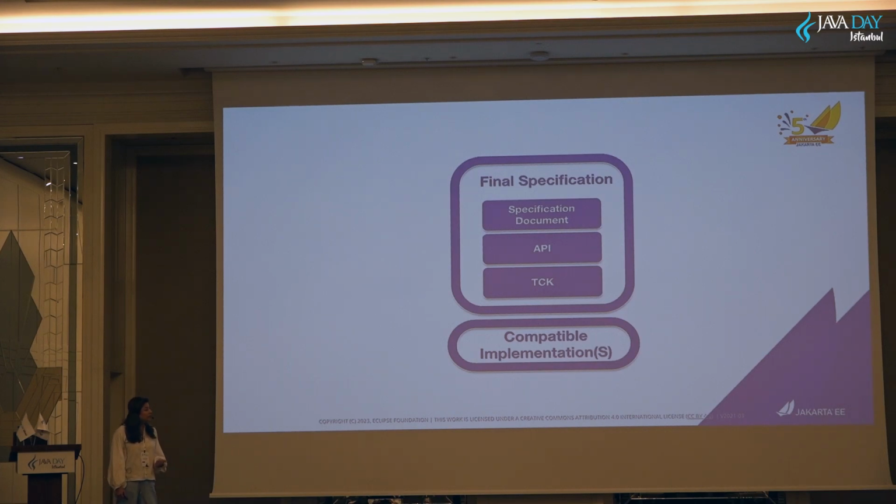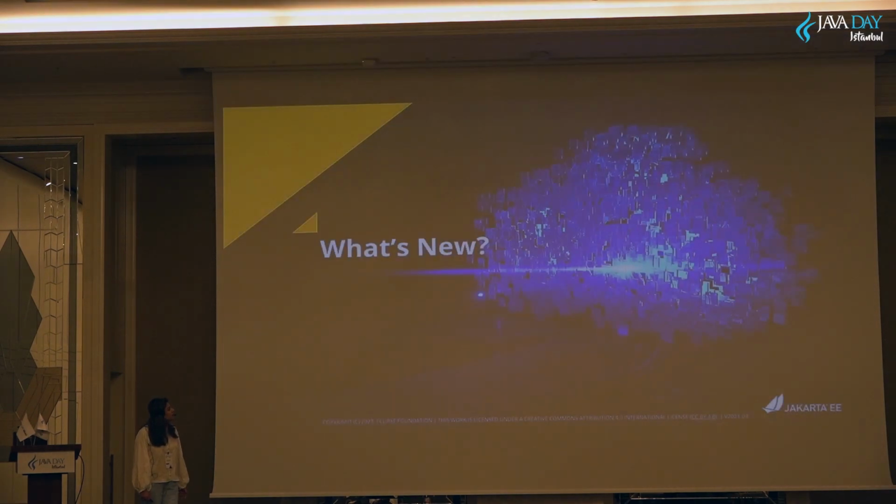But we need compatible implementations to be able to verify and implement the specifications. And that is what the TCKs are for. The Test Compatibility Kit can verify the specification, and we need at least one compatible implementation to say that the specification is final. So when we're talking about Jakarta, we're talking about the specifications.